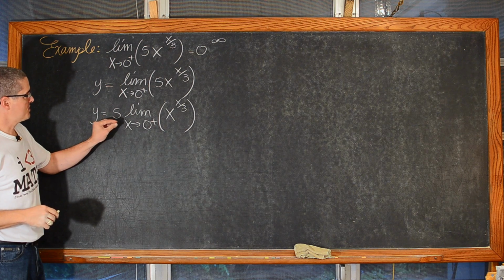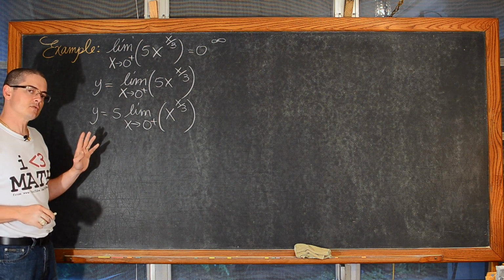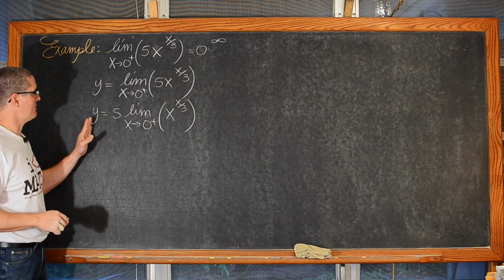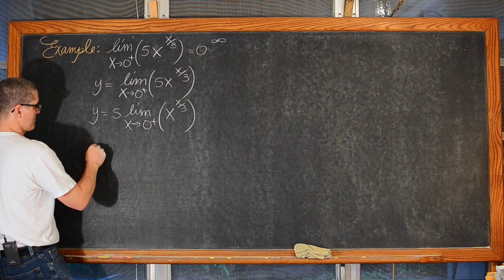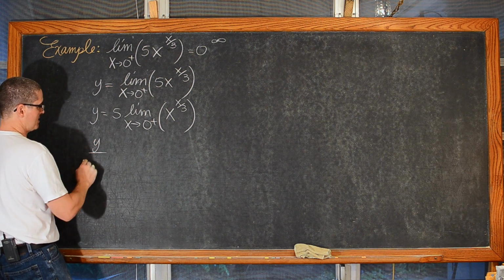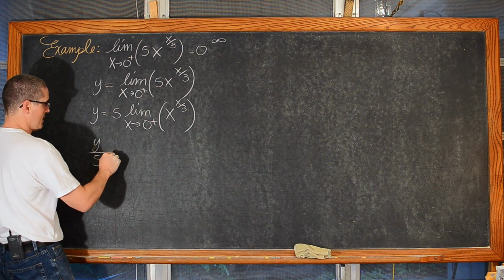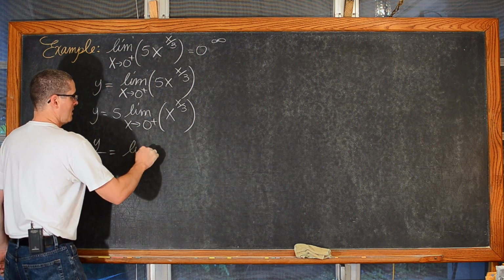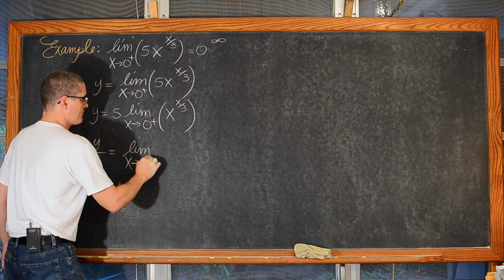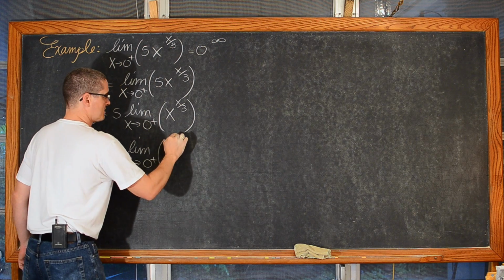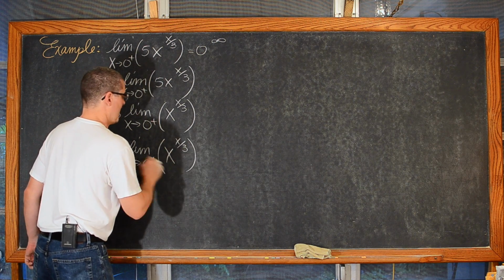I want to apply the natural log function to both sides, but I want to get the 5 over to the other side first, just because I believe it's going to be the easiest. So we have y over 5 is equal to the limit as x approaches 0 from the right of x to the x over 3 power.